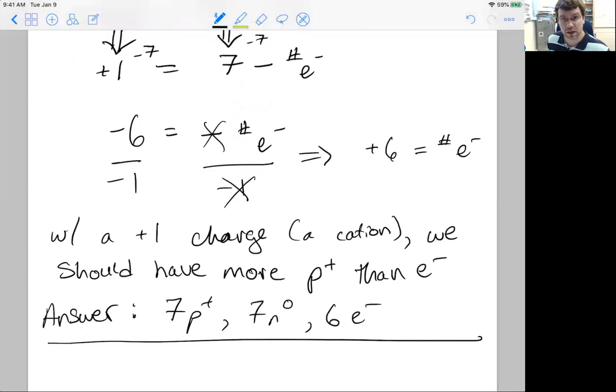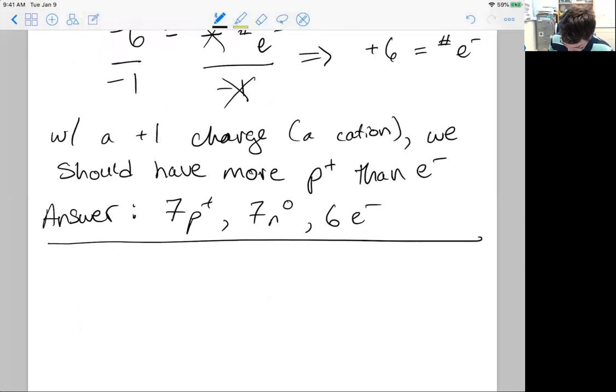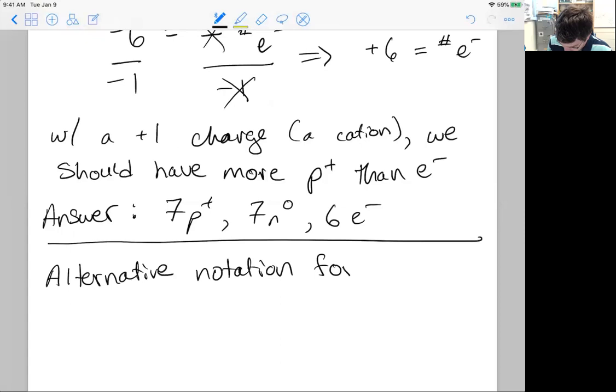Okay, before we go on to an example of an anion, let's introduce new notation. I'm going to call this alternative notation for ions. We could have the atomic symbol, and I'm going to pick on the example we just looked at: nitrogen 14 with a 0 charge.